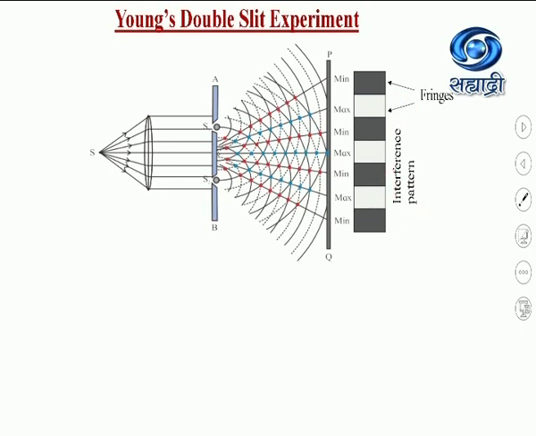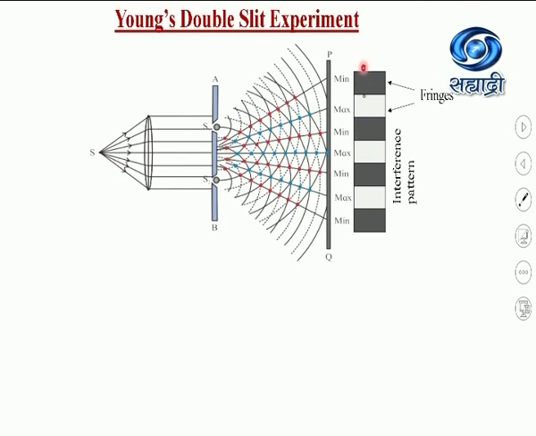Now if we see the central line of S1 and S2 which joins all the blue dots, the point on the screen where the line meets is the bright region or bright fringe obtained on the screen, and this is called the central bright fringe of the interference pattern.